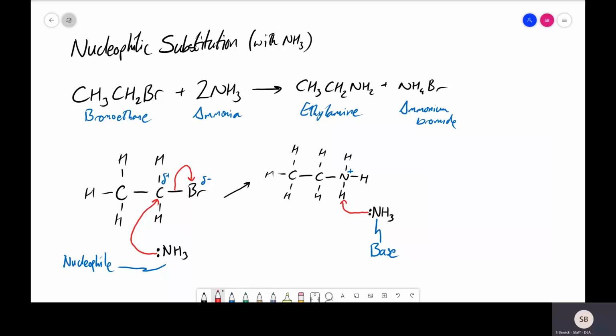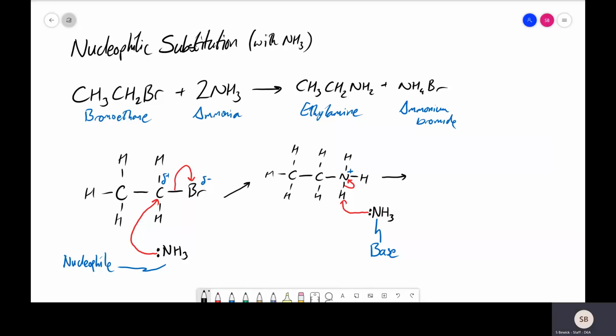But that electron that was around the hydrogen actually is in the nitrogen-hydrogen bond. And one of the electrons from the nitrogen is also in the nitrogen-hydrogen bond. So what's going to happen is both of the electrons in that bond are going to go onto the nitrogen. So the ammonia acts like a base, takes the hydrogen away from the NH3 plus group. We call that deprotonation. It deprotonates it. It takes away the proton. And the electrons in the nitrogen-hydrogen bond go to the nitrogen. And that will also get rid of that positive charge.